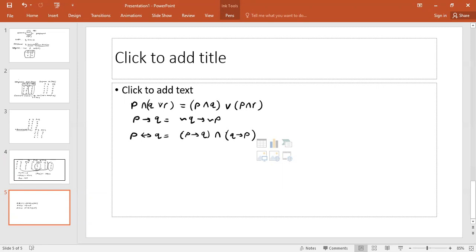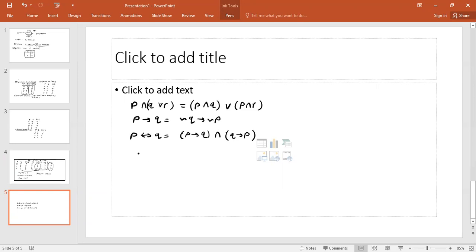Next is tautology and contradiction. Converse, inverse, and contrapositive. There are different forms of conditional statements.